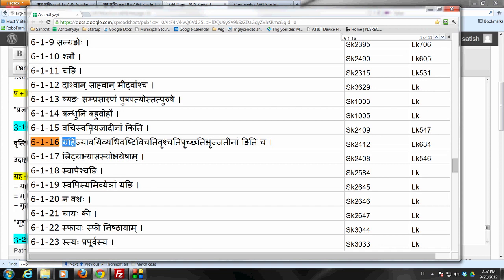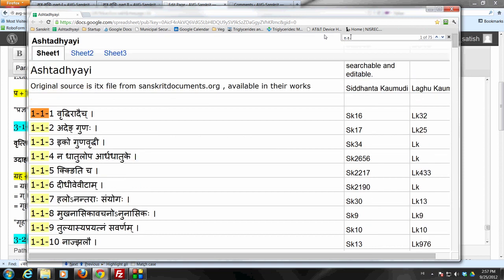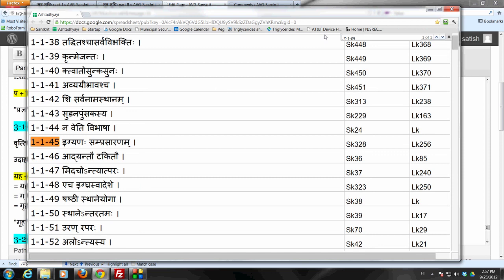We know that the definition of samprasaranam is igyanas samprasaranam. It is the reverse of the yan sandhi. So an ik which comes in place of yan has the sanya of samprasaranam, and the process of making this substitution is also referred to as samprasaranam.